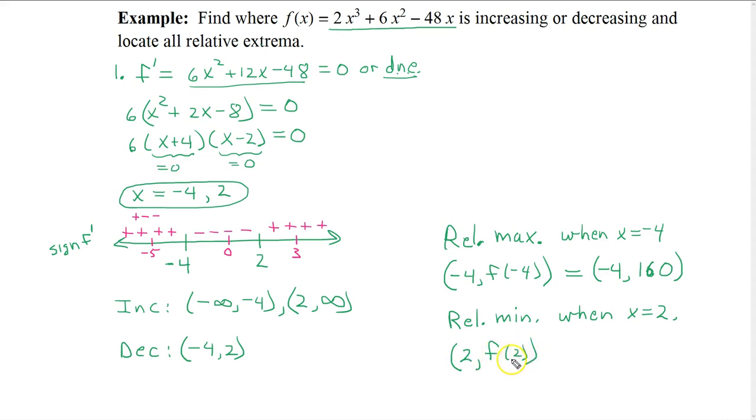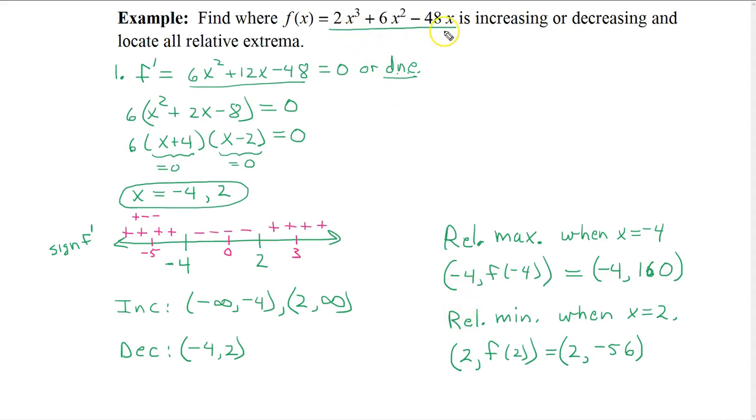And if you put 2 into the original function, you will get back negative 56. Just check that out on your calculator, put those numbers in here for x, and you'll get back 160 and negative 56. And there we go. We have found where our function is increasing, decreasing, and we've identified relative extrema.